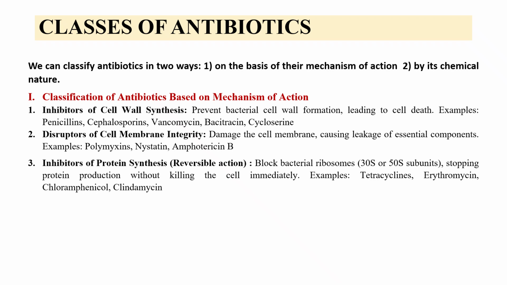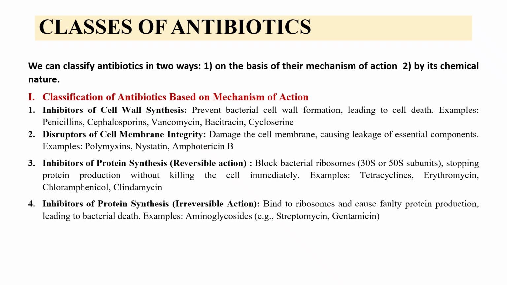So first let's see protein synthesis blockers which cause reversible action. They block the bacterial ribosome. They stop protein production without killing the cell immediately. Examples of this type of antibiotics are tetracycline, erythromycin, chloramphenicol and clindamycin.